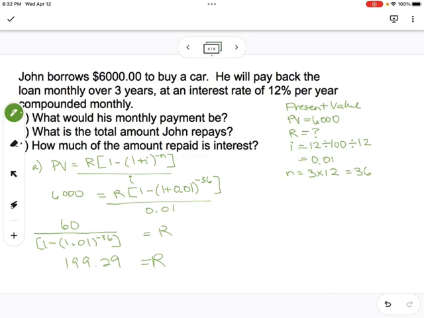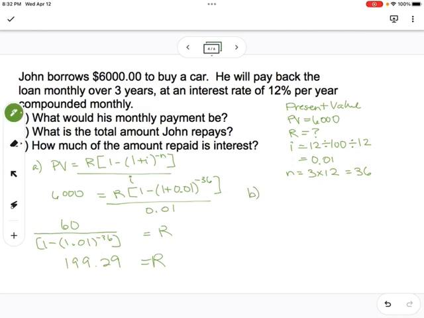Okay. Question B is asking what the total amount John repays is. So we know that each payment that John makes is the $199.29. We also know that he makes 36 payments.